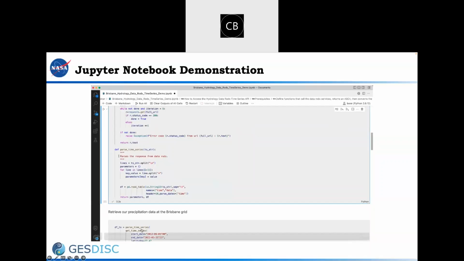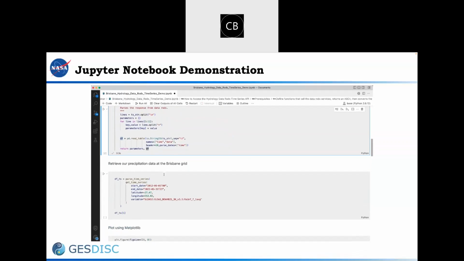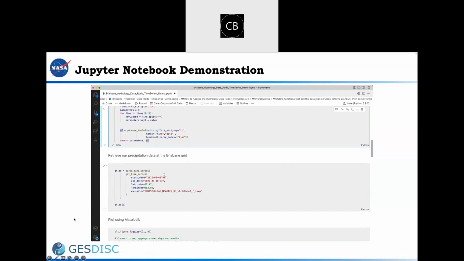as text. Then I have a second function called parse time series, where I will parse that response from the data rod service and put them into a pandas data frame. That requires a little bit of manipulation because it is an ASCII format. But what I can do is parse those key value pairs and put them into a pandas data frame, which will allow me to load it in memory and not download a single file before having to put them into the pandas data frame.